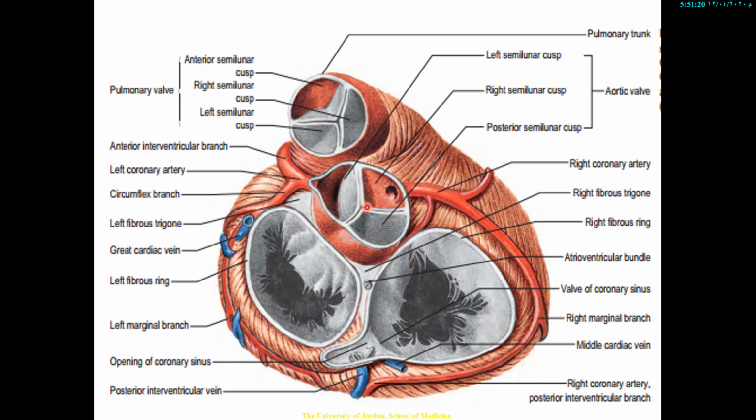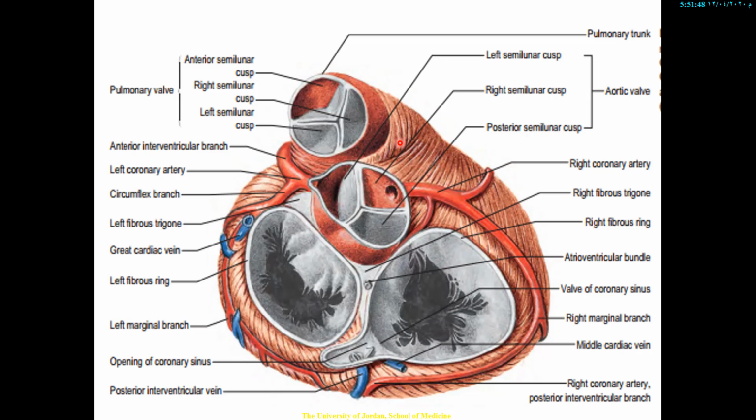So that's why they are close to each other. On the other hand, you would see the atrioventricular or tricuspid valve far away from the pulmonary valve. Why is that? Because the blood flows here in a Y-shaped direction, and that's why they are far away from each other.